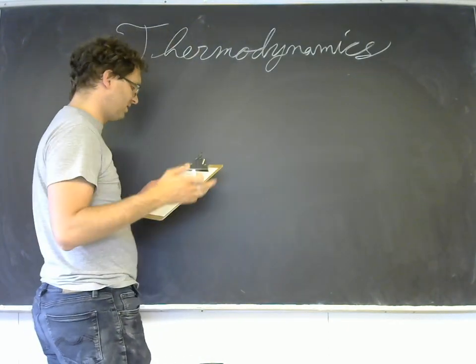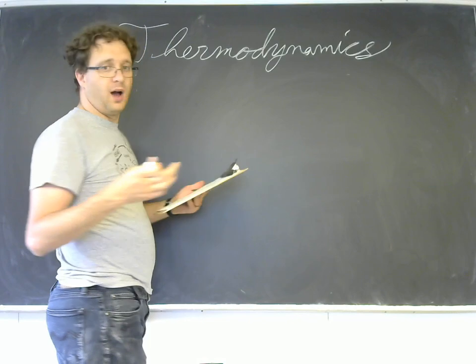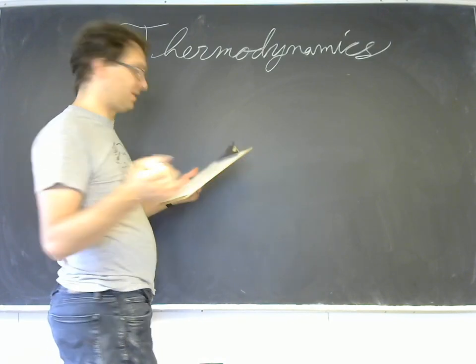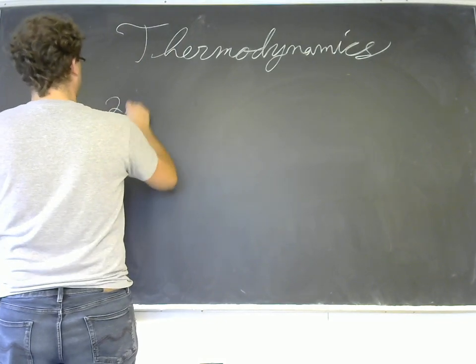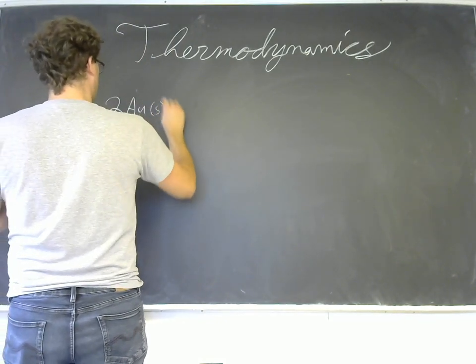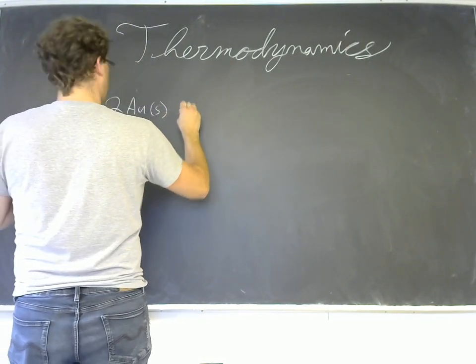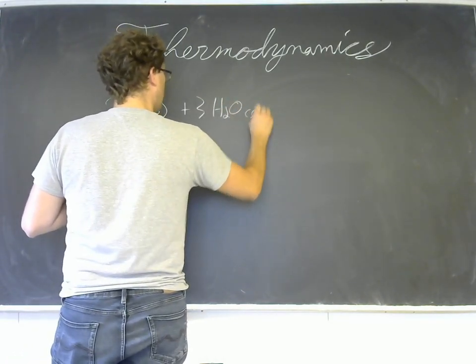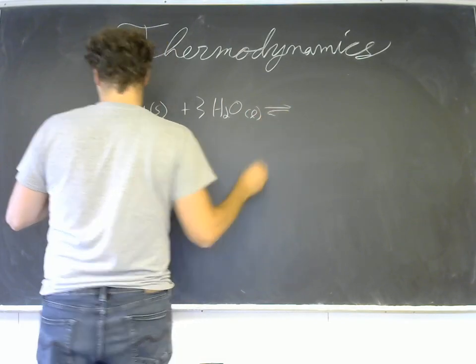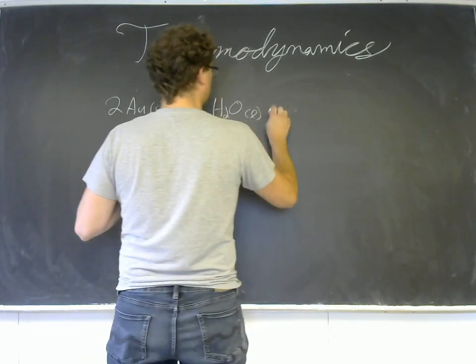And to understand what we mean by chemical spontaneity, let's look at a couple of processes. So here we have a chemical reaction. We'll say that this isn't an equilibrium.